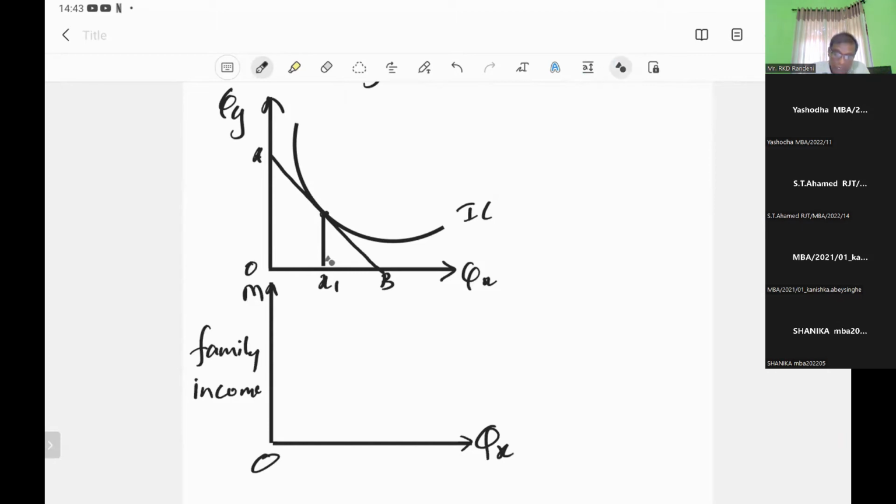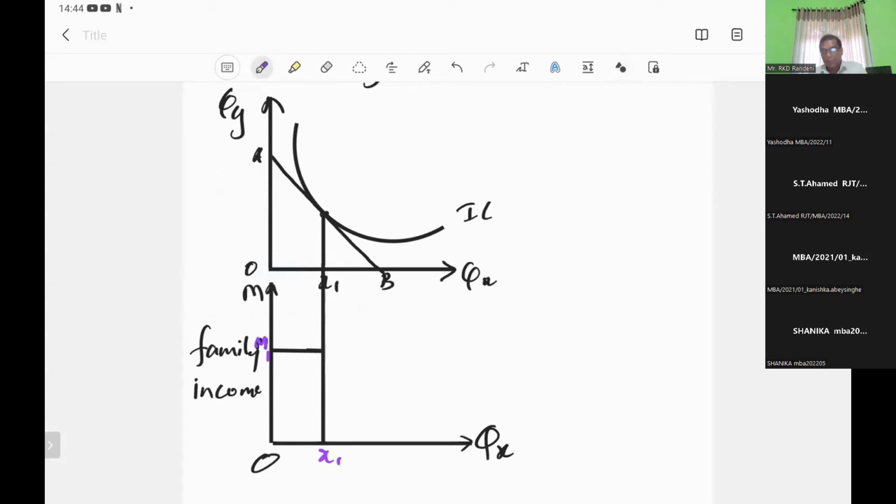Now point x1, here family income, that is M1, M1, here x1, right?